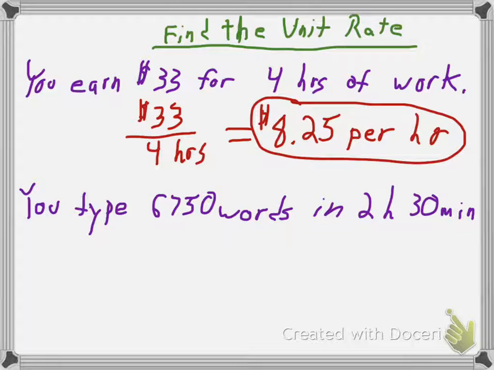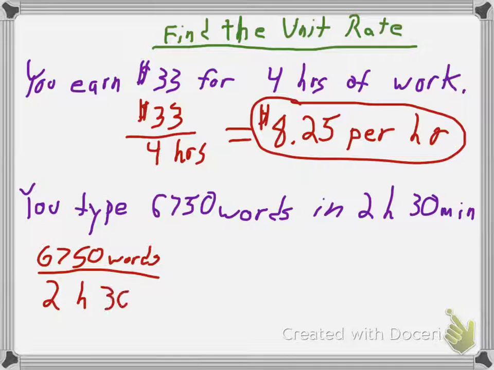Now my next example is 6,750 words in 2 hours, 30 minutes. When I go to set this one up, 6,750 is my first quantity, and that's words. I'm going to put that all over 2 hours, 30 minutes.